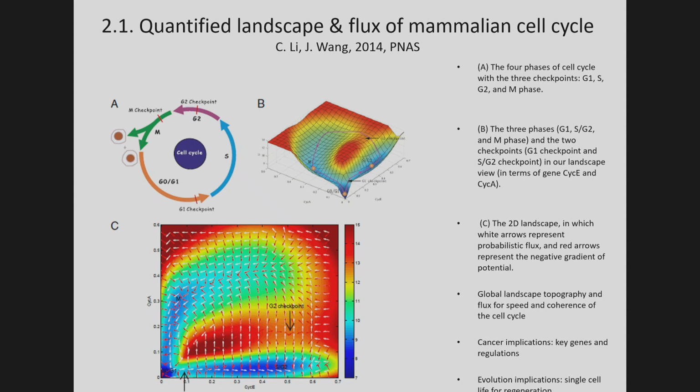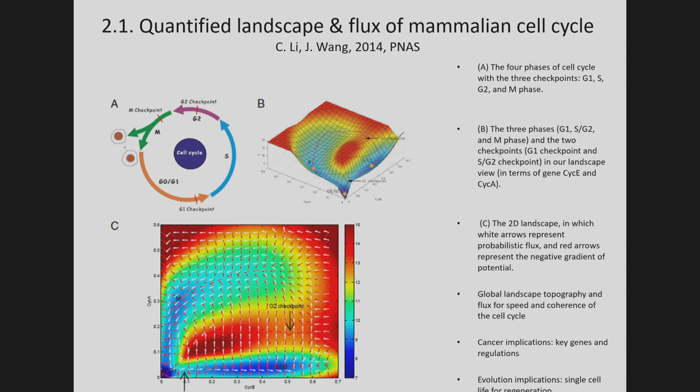One is, as I said, the landscape, the gradient part, which is the minus log of the steady state distribution. And this is the vertical axis. The horizontal axis corresponds to the gene expression, two of the gene expressions that we have.